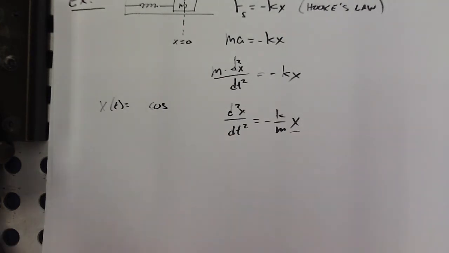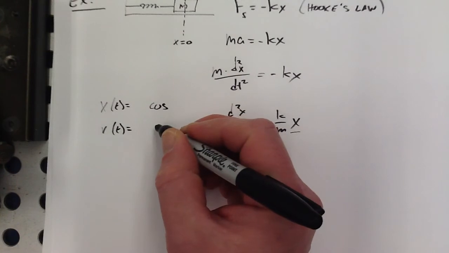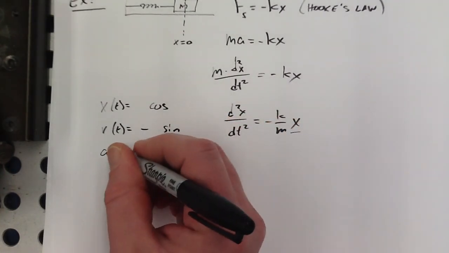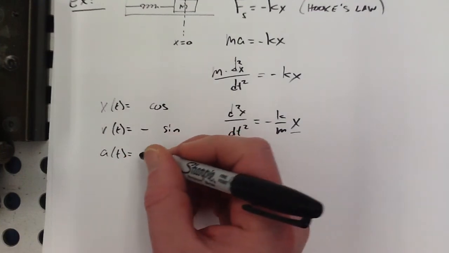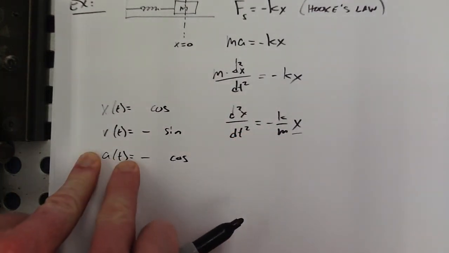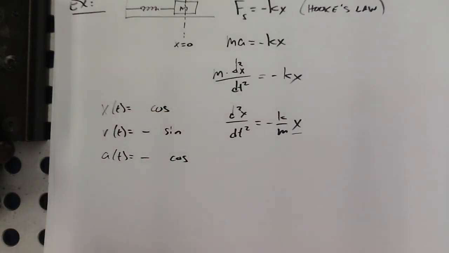If position is some kind of cosine function, then velocity is some kind of negative sine, and acceleration would be negative cosine. So you can see acceleration is the negative version of the original thing.